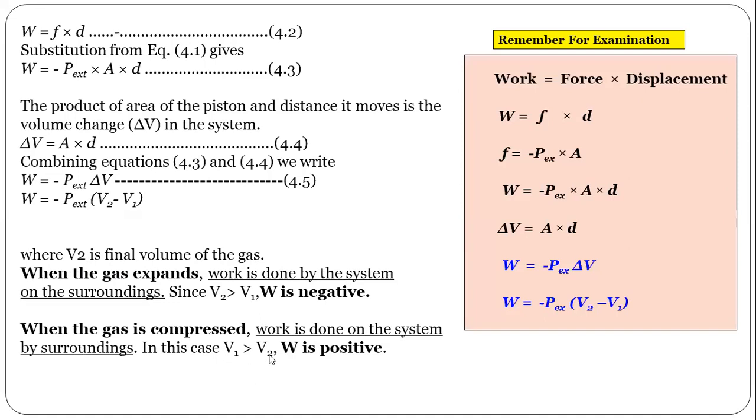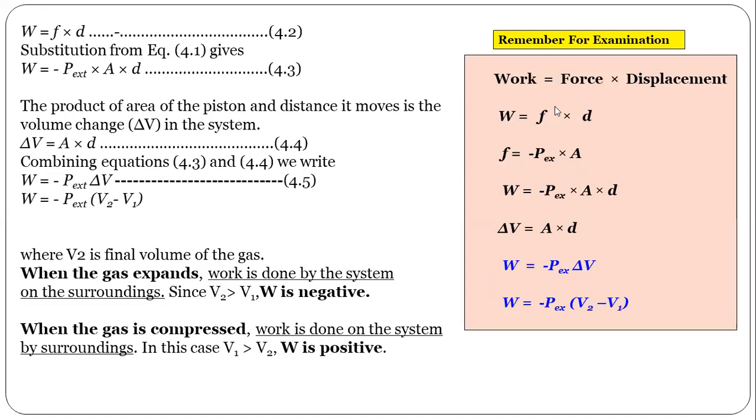Here V1 is greater than V2, W is positive. So these two conditions are very important, when the system is expanding and when the system is contracting. When the system expands, always W is negative. When the system contracts, W is positive. Here work will be done by the system and here work will be done by the surroundings.